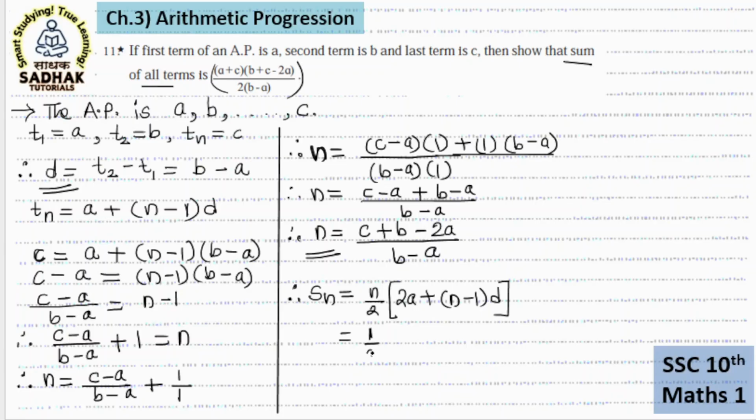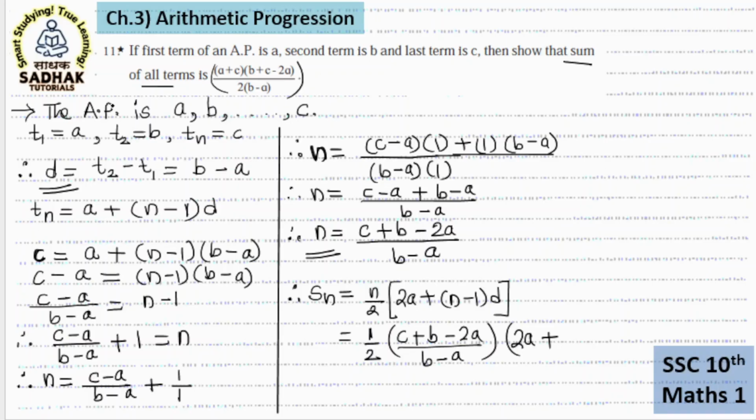This n upon 2 will become 1 upon 2, and here I am writing the value of n, C plus B minus 2A upon B minus A. And here in the square bracket we can write 2A, which cannot be simplified further, plus (n minus 1) D. If you look carefully, we had this C minus A plus (n minus 1) D. See, let me write it here.